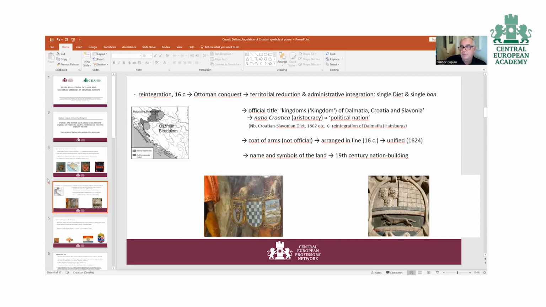That was because of this reason administratively integrated by the single diet and the single ban. Because of that, this administrative integration was effected with the official title Kingdoms of Dalmatia, Croatia, and Slavonia, much more rarely kingdom in singular, and Natio Croatica as its aristocratic political nation.